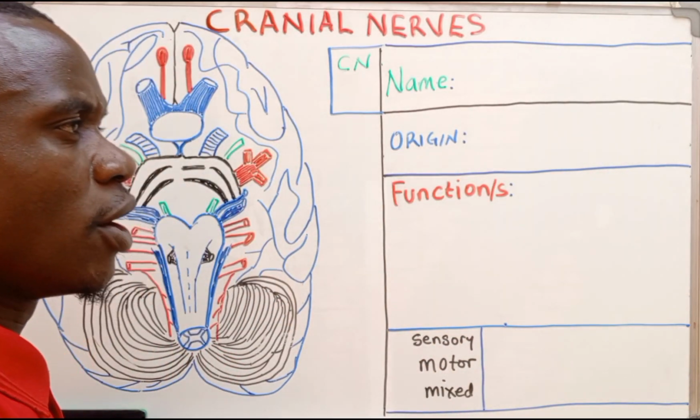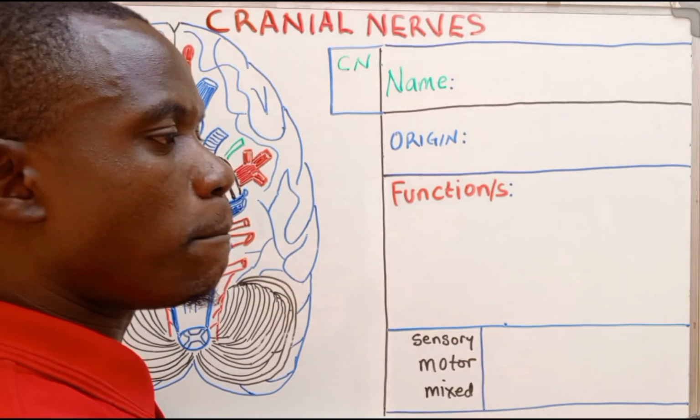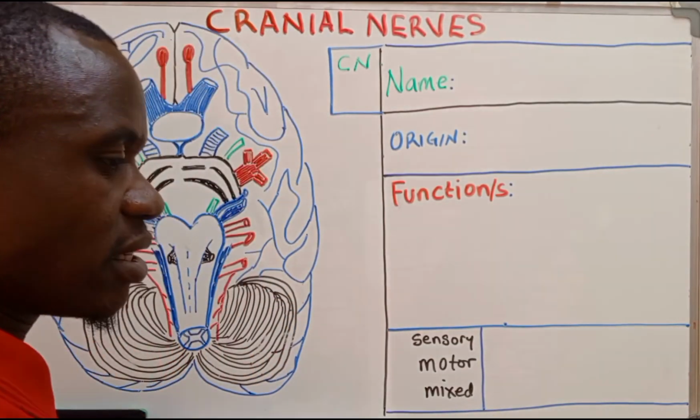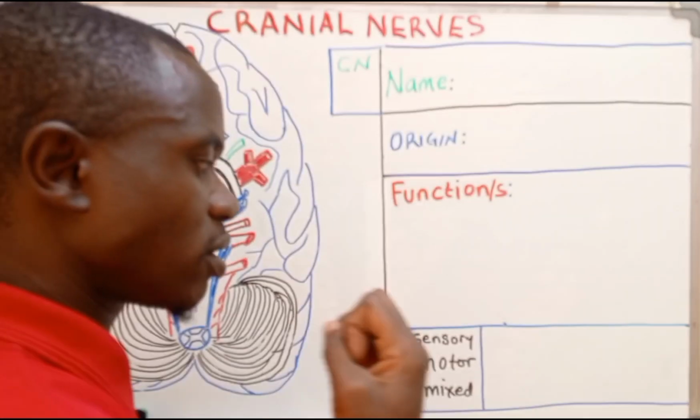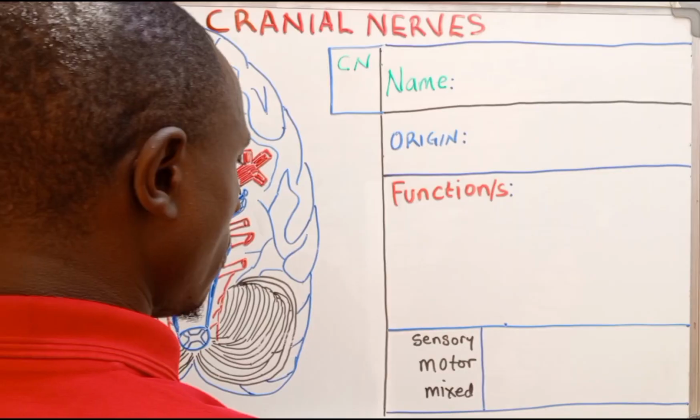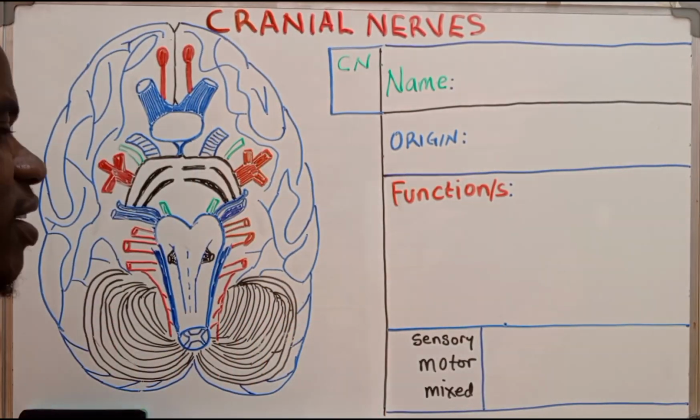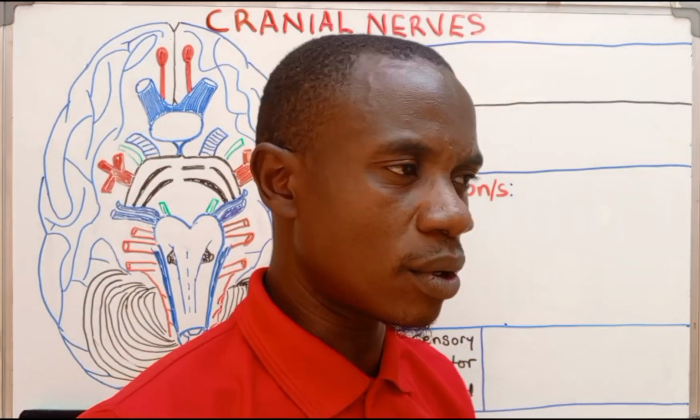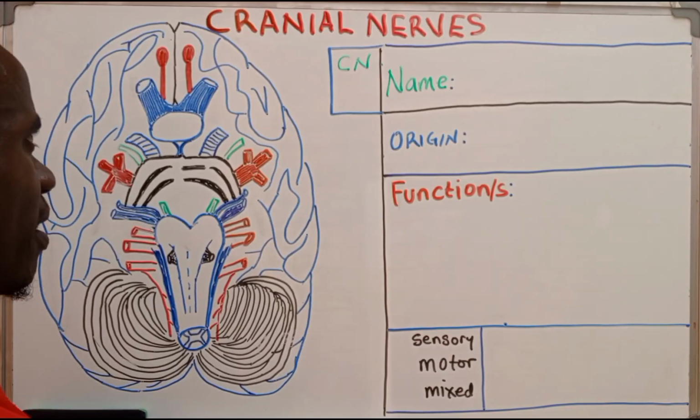You may even find some other books saying both, okay? So mixed is the same as both. It means that the cranial nerve has both sensory and motor fibers, okay? So now let's go ahead and look at the different cranial nerves, okay?